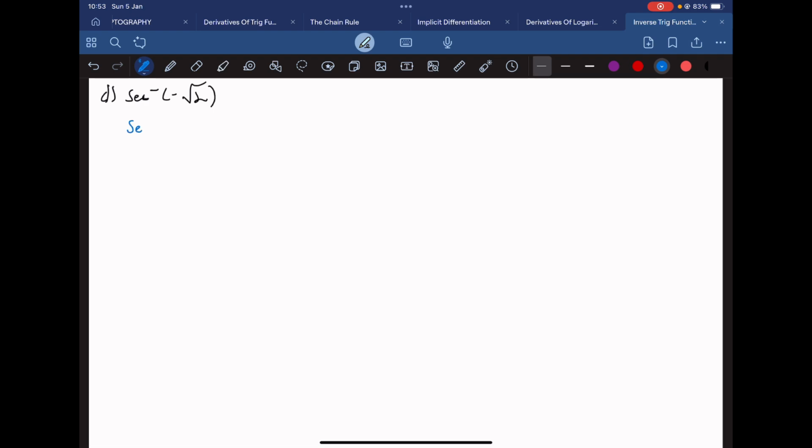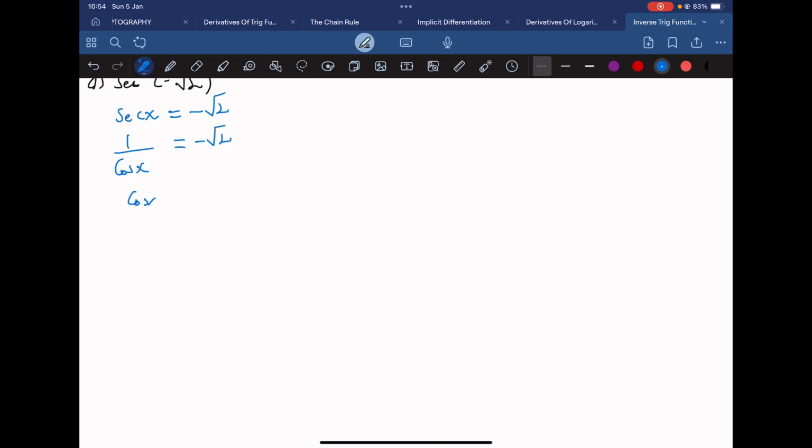So we want secant of x to give us negative root 2. Remember, secant of x is the same as 1 over cosine of x, and this is equal to negative root 2. So we can make cosine of x the subject. If we do that, we have cosine of x is negative 1 out of root 2.